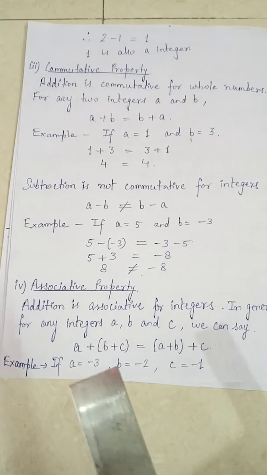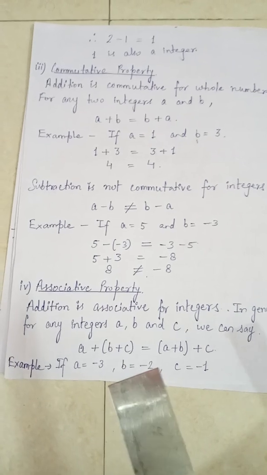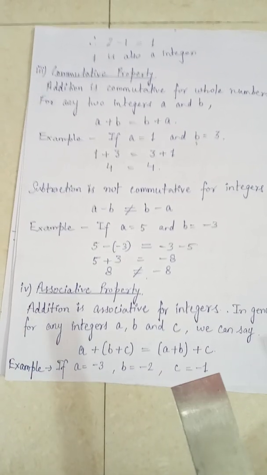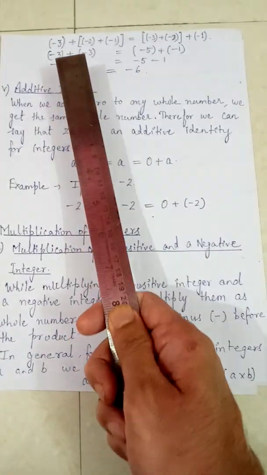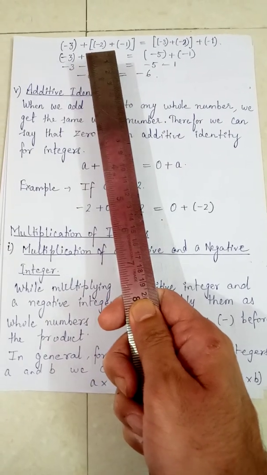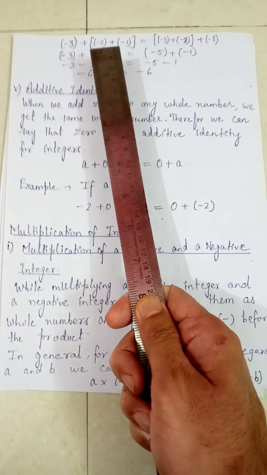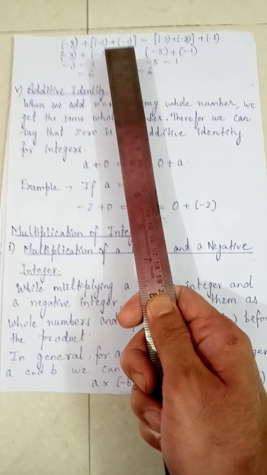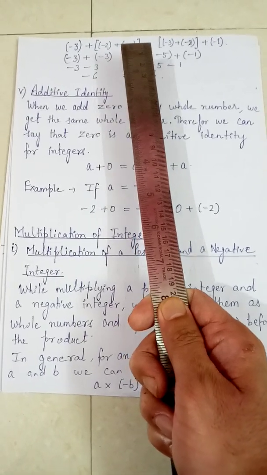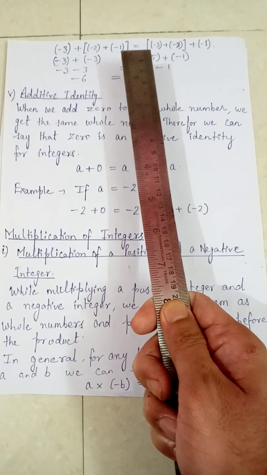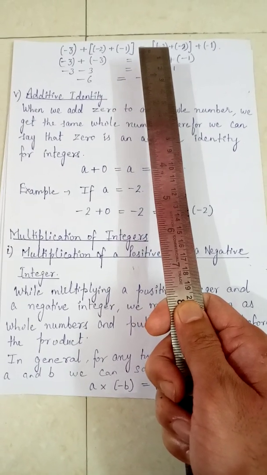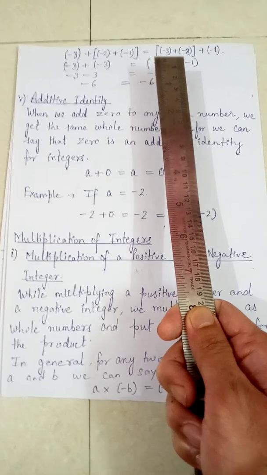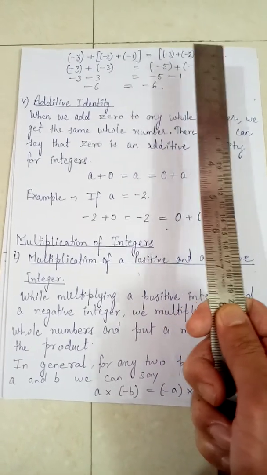Example: if a equal to minus 3, b equal to minus 2 and c equal to minus 1. So the solved example is bracket minus 3 plus inner bracket minus 2 plus inner bracket minus 1, bracket close, that is left hand side, and right hand side is square bracket inner bracket minus 3 plus small bracket minus 2, bracket close, plus minus 1.